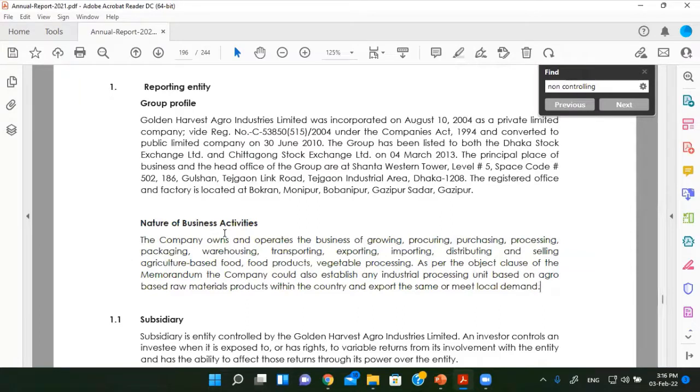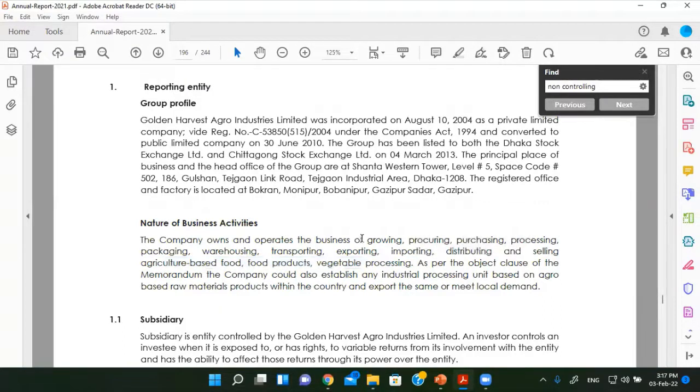Okay. So this company owns and operates the business of growing, procuring, purchasing, processing, packaging, warehousing, transporting, exporting, importing, distributing, and selling agriculture-based food products, vegetable processing. This is a very clear statement, and they have mentioned the activities they do. Okay.